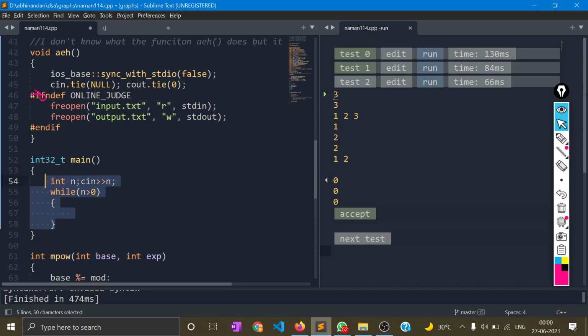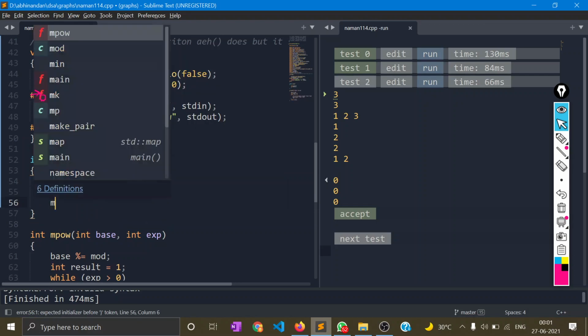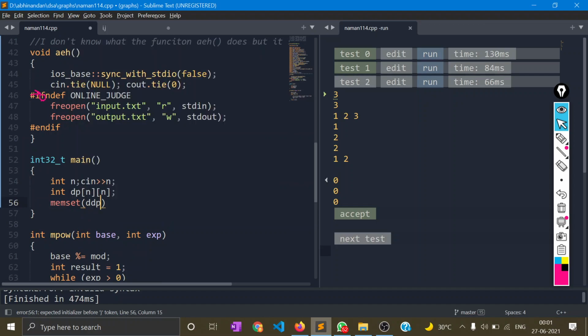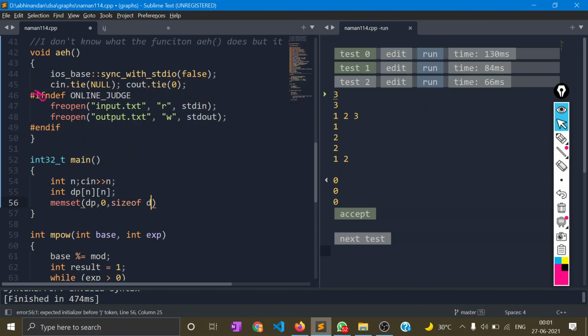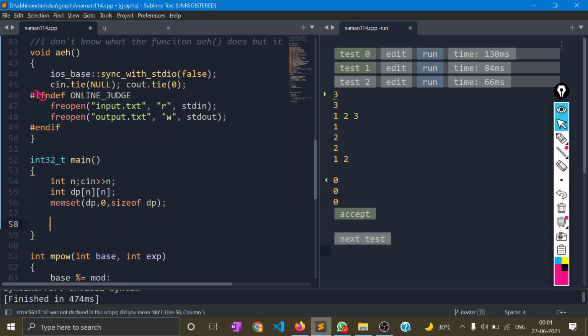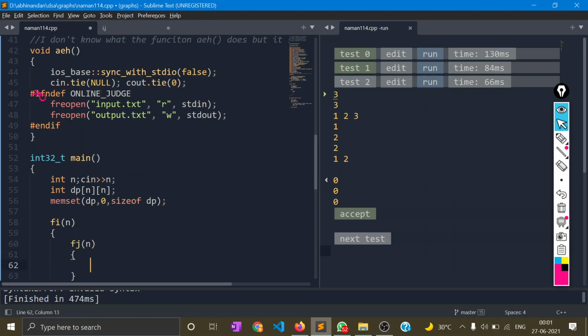Right? So I'm using the same, and I have to construct a DP of size n by n and initialize it with 0. Right, now I would iterate with it. I'm using fi and fj because they are defined as macros.